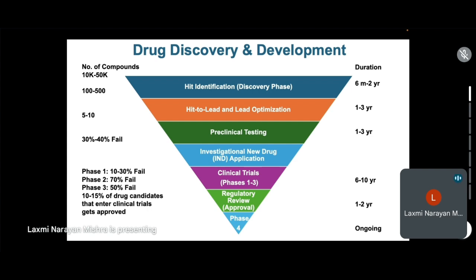And this varies depending on factors such as drug type, therapeutic area, and developmental pathway. So we started with 10,000 to 50,000 compounds, and we land with only one drug that comes to the market. So you can see how much time it takes, how much effort it takes.